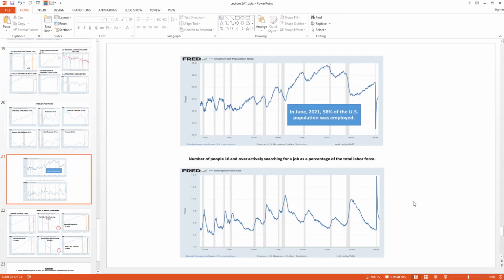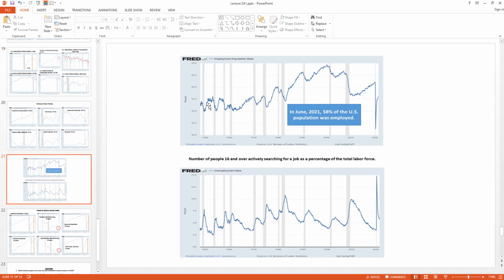But there's another way to calculate unemployment, and that is to calculate employment, the proportion of people who are actively working as a percent of the total population.